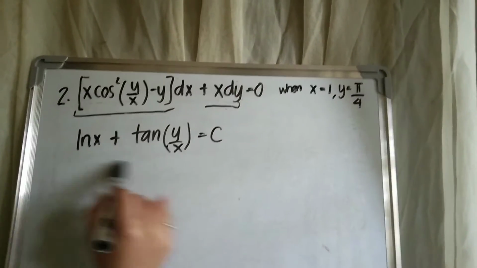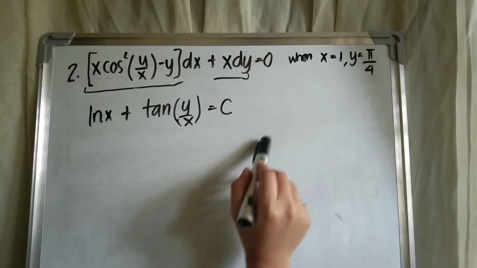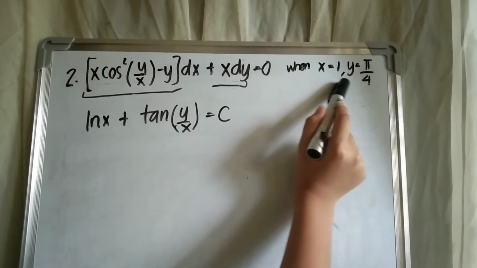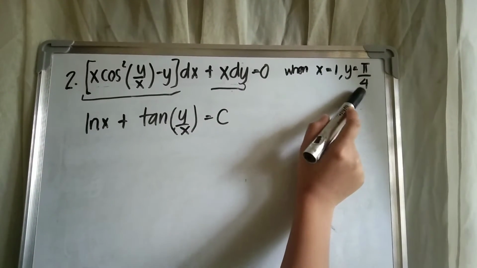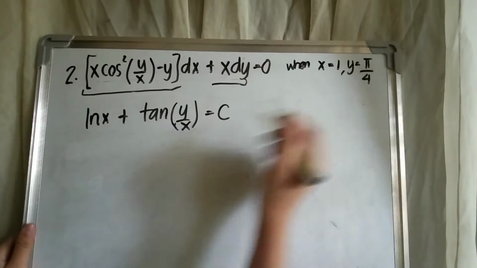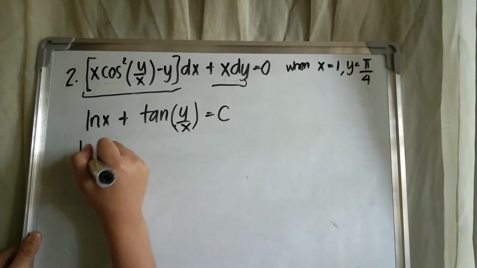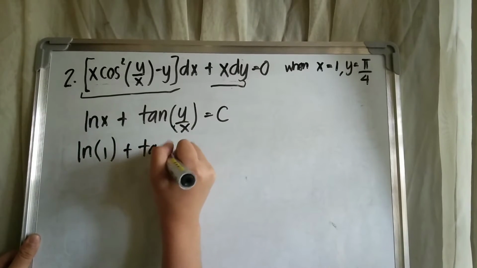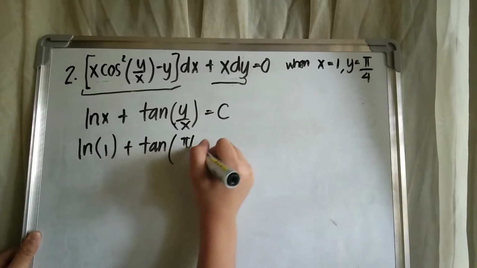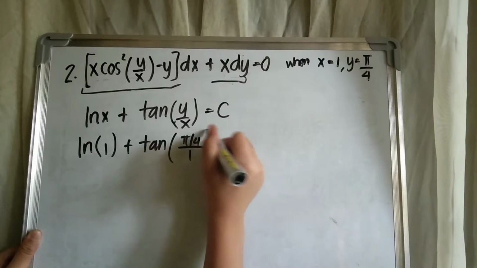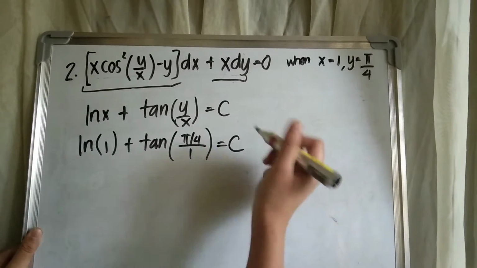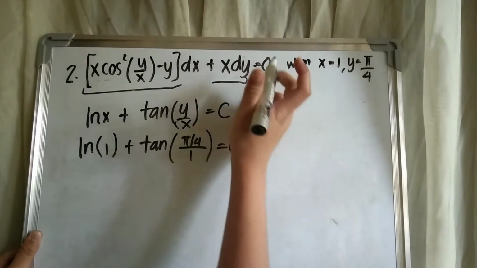So this is supposed to be our general solution, but since we have here the condition x equals 1 and y equals pi over 4, we will substitute these values to our equation. This will become ln of 1 plus tan of pi over 4 divided by 1 equals c. We will get the value of c since we're going to get the particular solution of this equation.